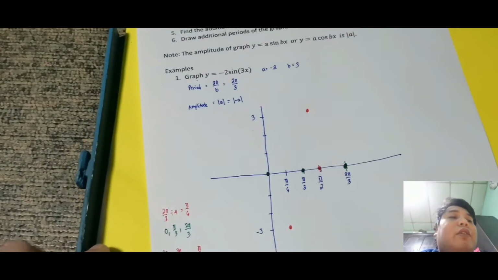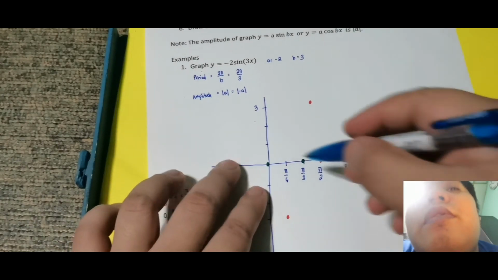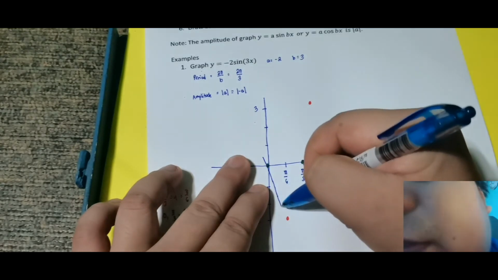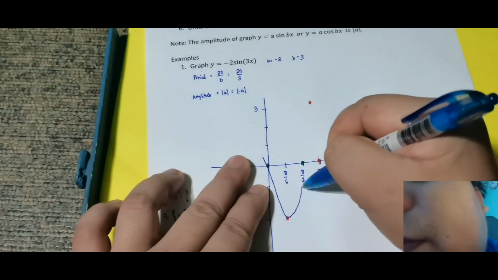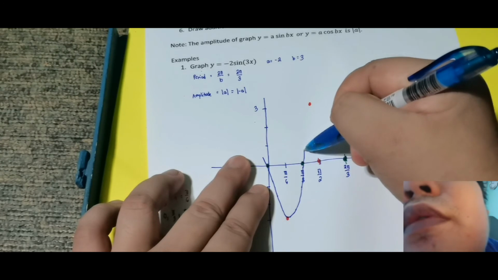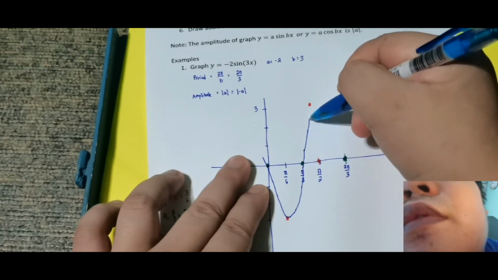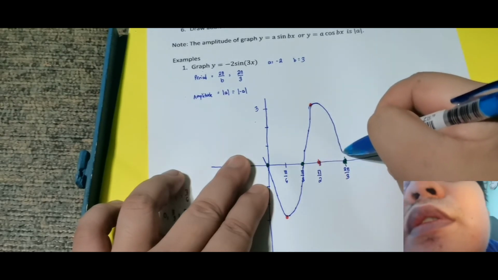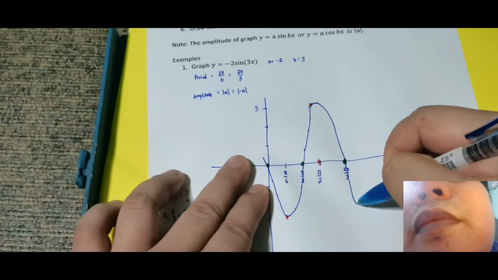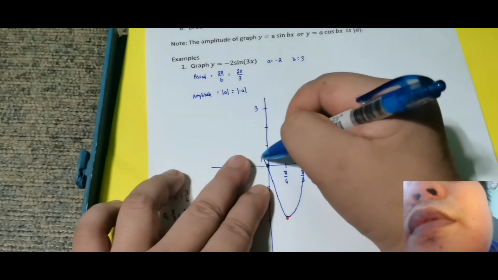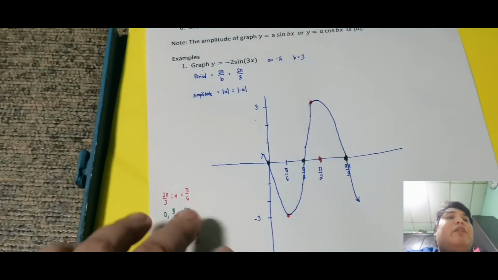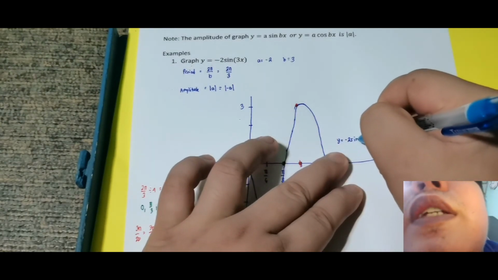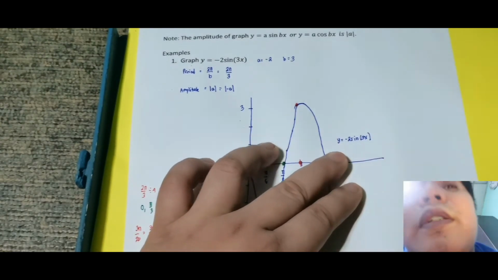Okay, ngayon from that on, connect na lang natin yan. So dito, connect yan dito. Okay, then therefore, ayan yung graph ni y is equal to negative sine 3x.